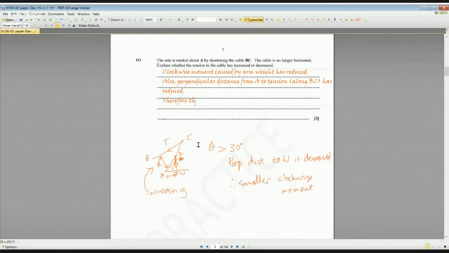Therefore, the tension must be smaller to provide the moment.